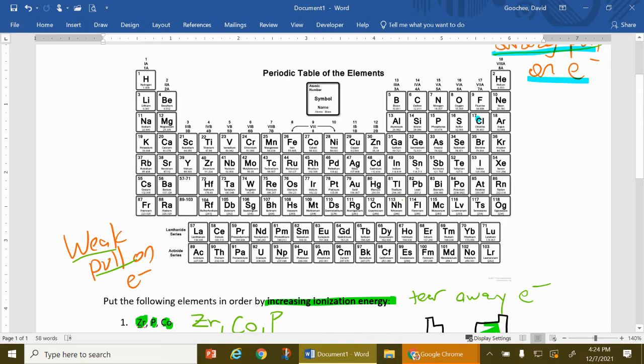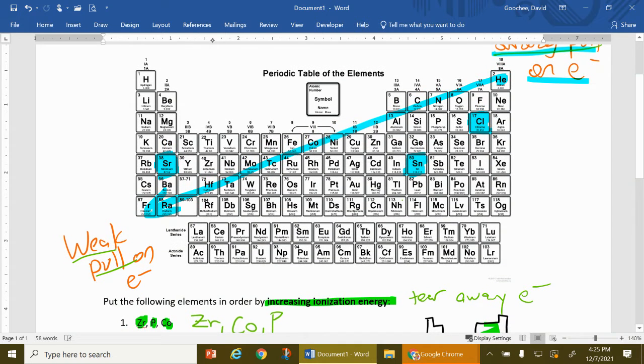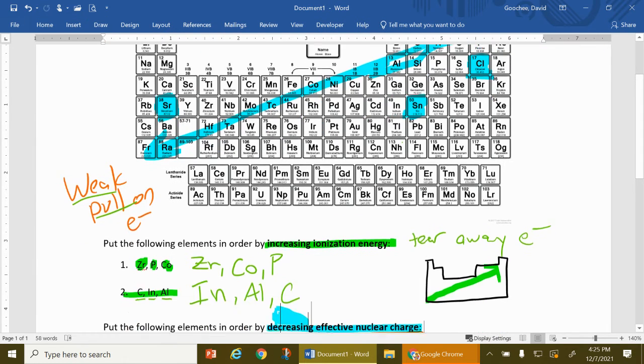So chlorine is there. Strontium is there. And tin is there. So going from the top right to the bottom left, the order of decreasing effective nuclear charge is chlorine, followed by tin, followed by strontium.